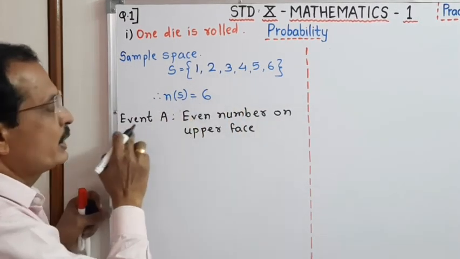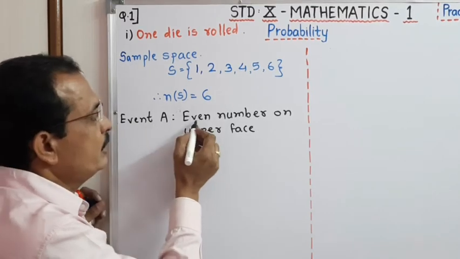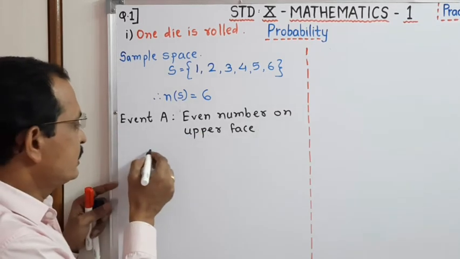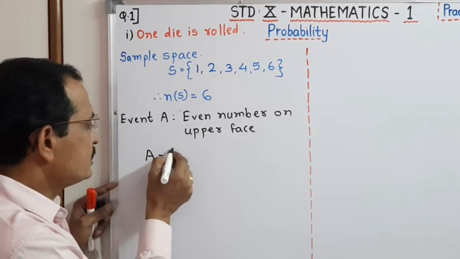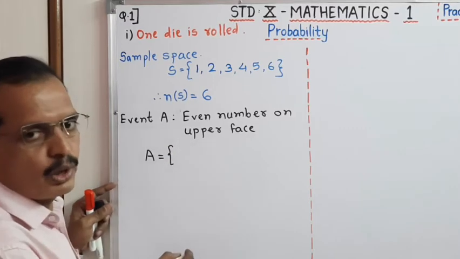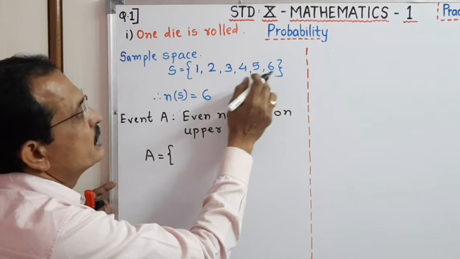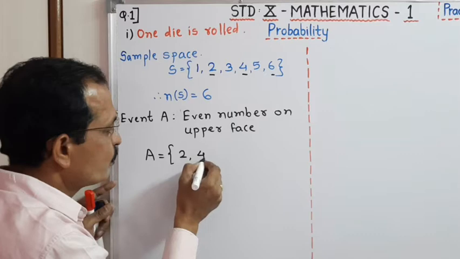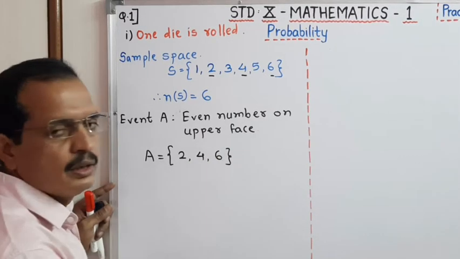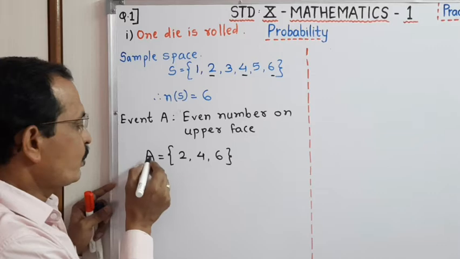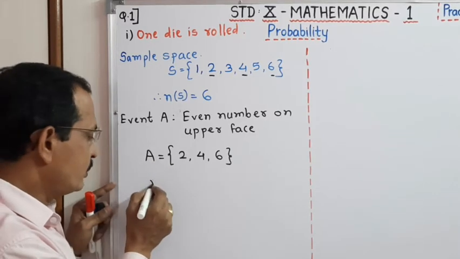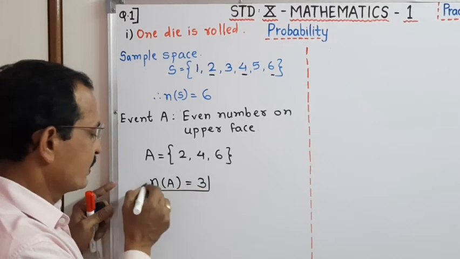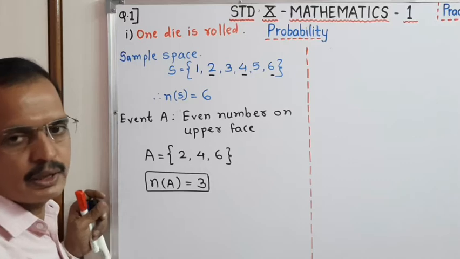From this we have to write event A. Now what is the event A? Event A is even number on the upper face. For that purpose, dear student, we have to write A is equal to, in curly brackets, the even numbers from this. It is 2, 4 and 6. This is the set for event A. Now dear student, for that we have to write n(A) is equal to 3. This is for event A.